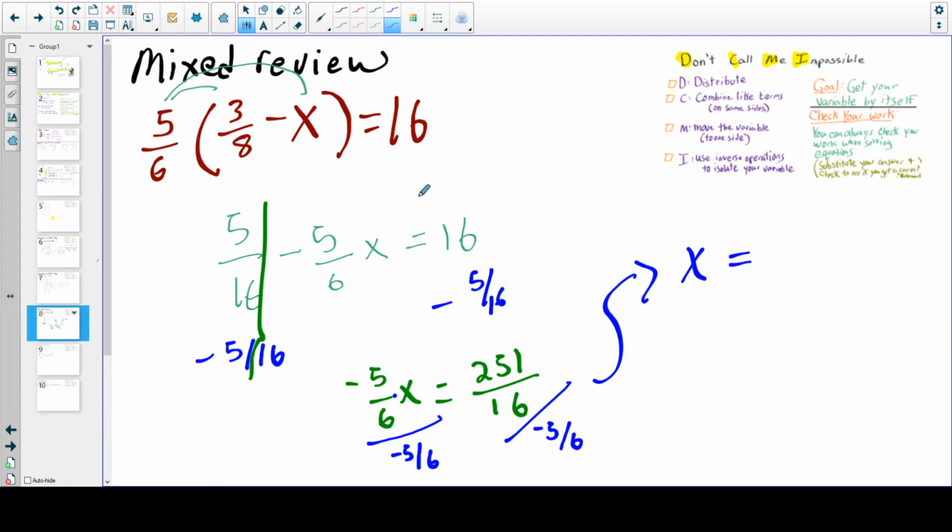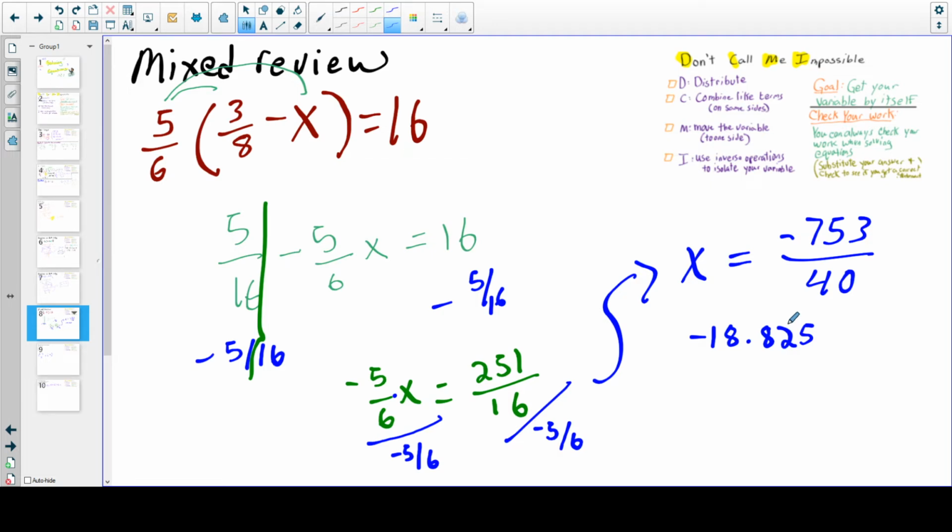So I get my answer to be the following. Negative 753 divided by 40. Or, if you write it as a decimal, which you can use on your calculator, negative 18.825. Now, a lot of you might be saying, hey, that doesn't look like the answer.